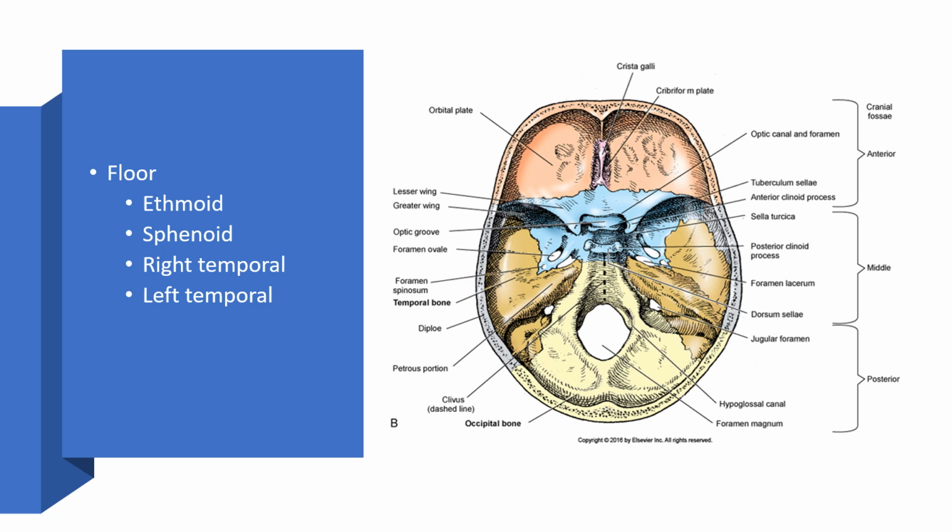And then in the tan to khaki color, on either side is the temporal bone. And then the off yellow, again not counted as the cranial floor, is the occipital bone. So the frontal bone in strawberry, and then the occipital bone in the dirty yellow, those are not counted as the cranial floor, even though clearly they're making up part of the cranial floor.